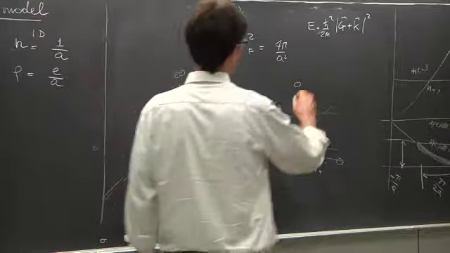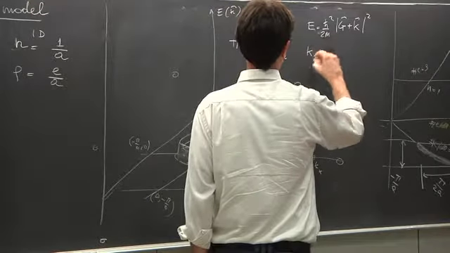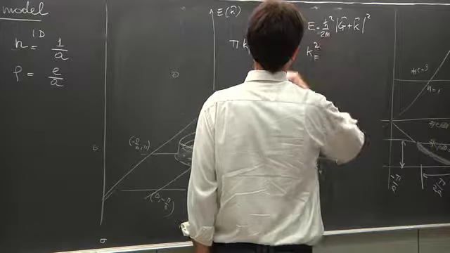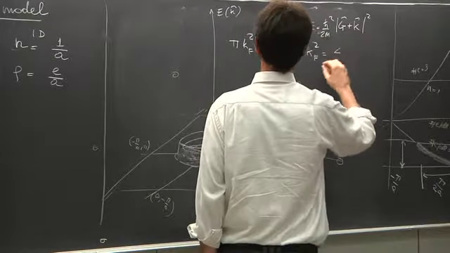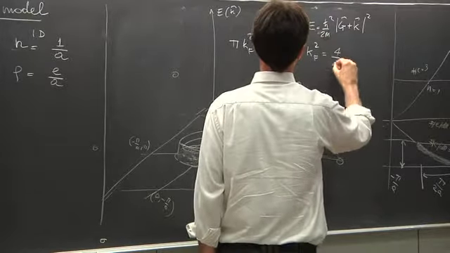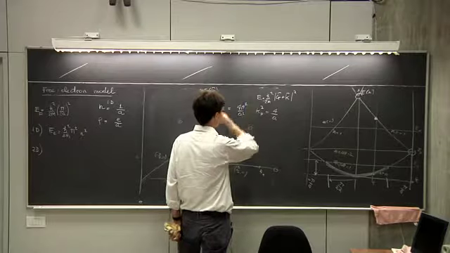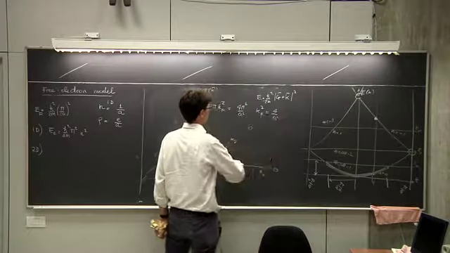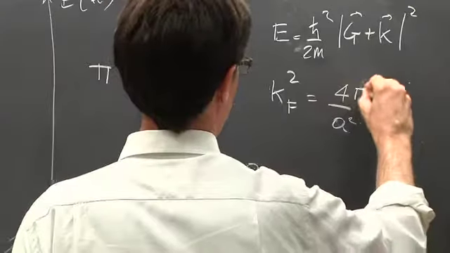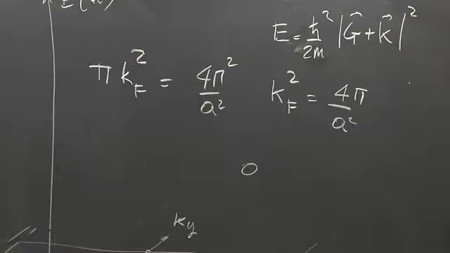Right? So Kf squared, actually, let me keep Kf squared. I don't really need to take the square root, so it's 4 pi over a squared.